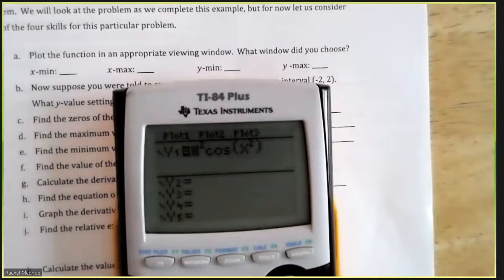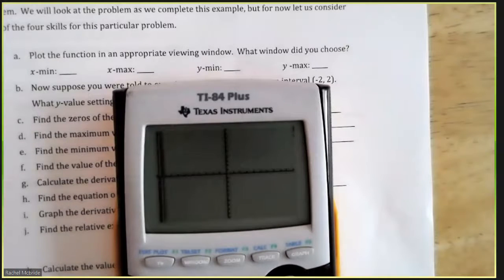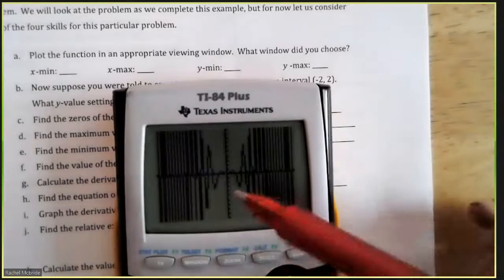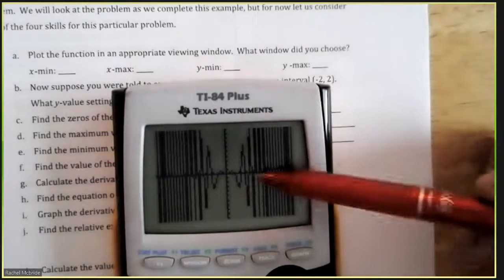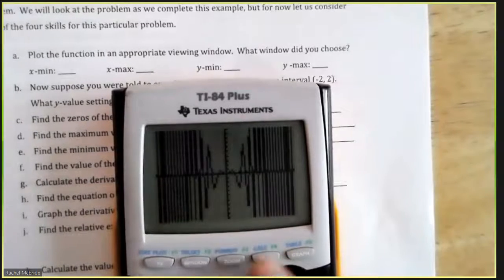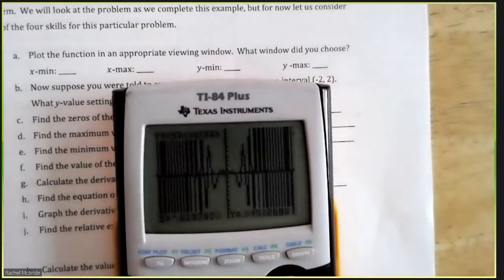What we want to do is start with the basics. We're going to plot the function so that we can see it. If you hit zoom 6, that is not a good plot for this graph. We can see all this craziness on the outside, but what we should notice is that the graph is doing some stuff in here that's very different from the oscillations on the outside. So I might want to bring my graph in and trace it out.